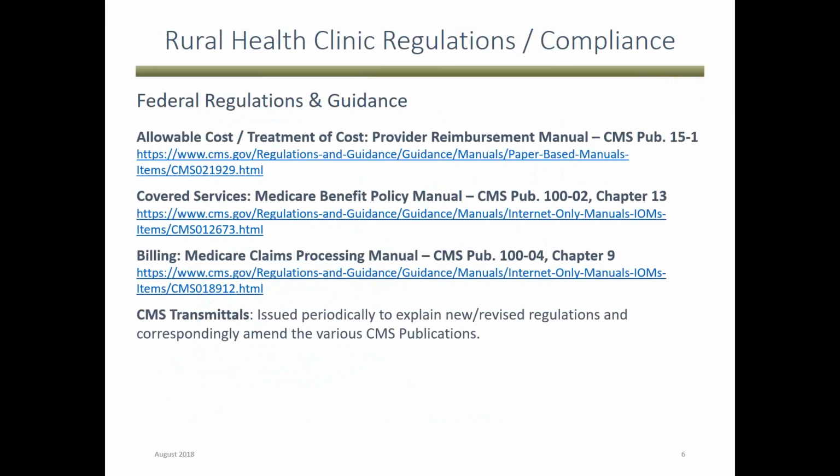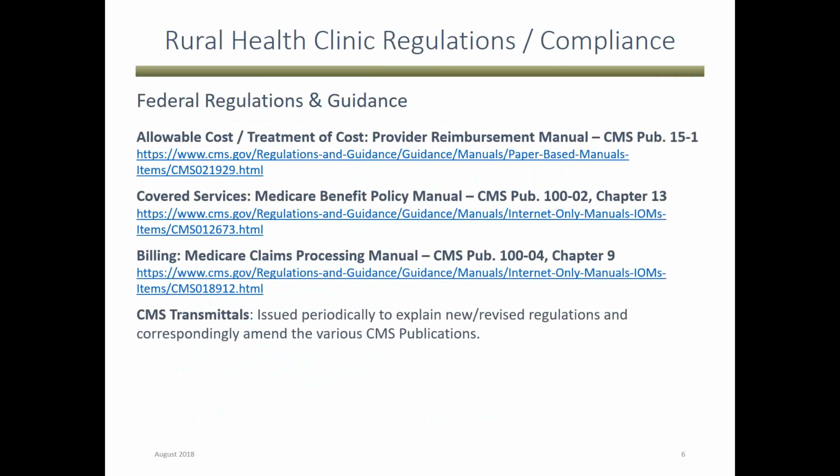As I had mentioned at the outset, we have CMS transmittals, and these are informative, amending types of documents that are issued periodically to explain new or revised regulations and correspondingly amend the various CMS publications.